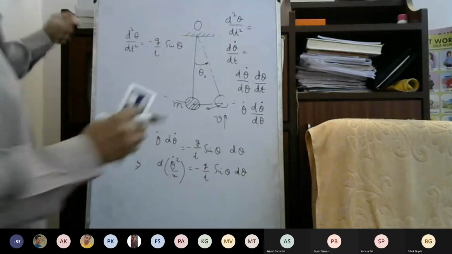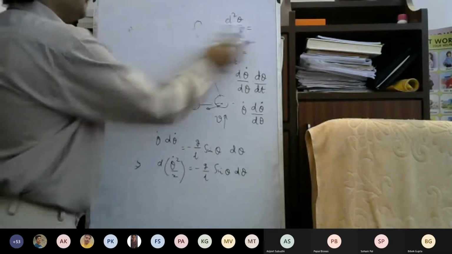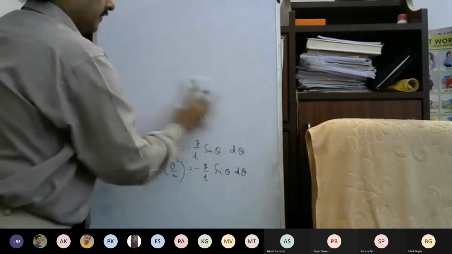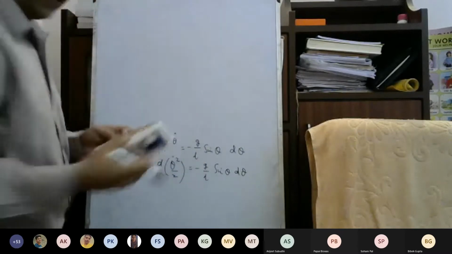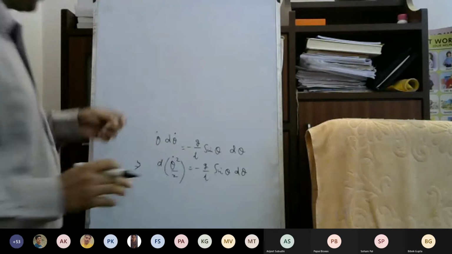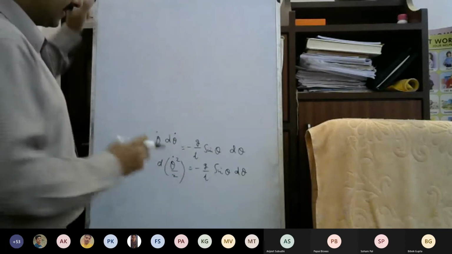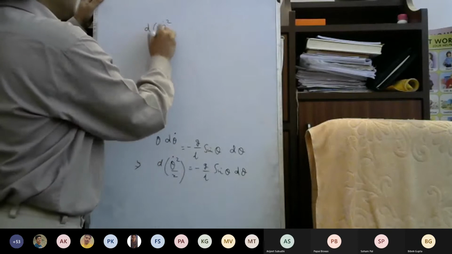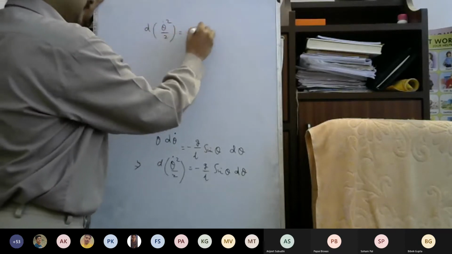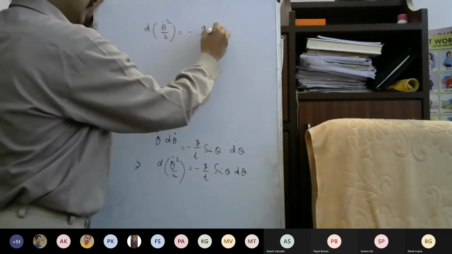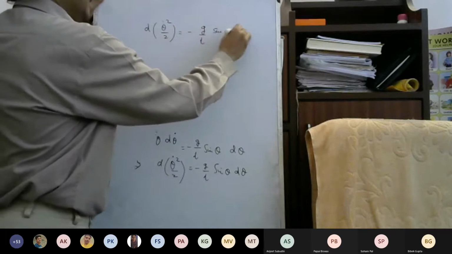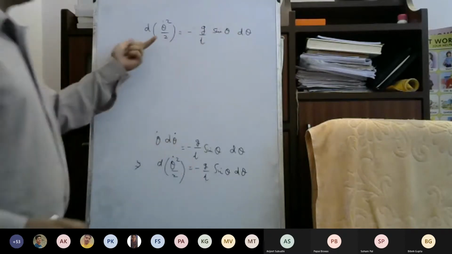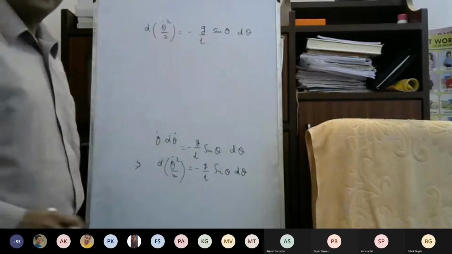You may not see so well, so let me write it on top. This board is small, so I have to erase and rewrite often. Please bear with this. Now this is actually integrable because the two variables are now separated.